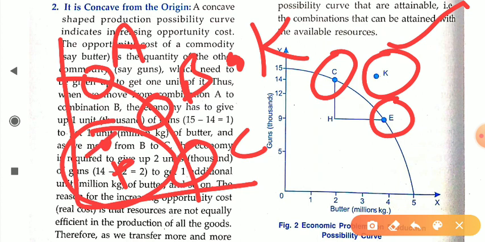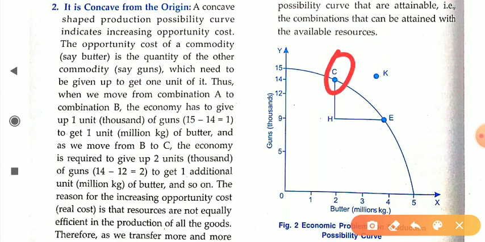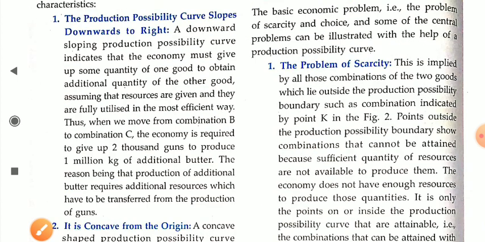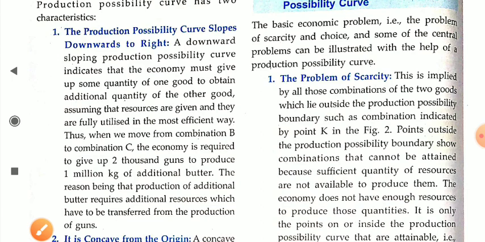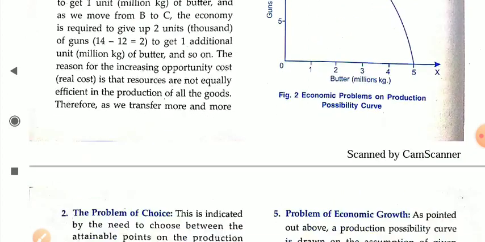That's why this is an underutilized point, and point K is far away from the PPC curve, so this is an unattainable combination. So it is clear that a point lying on the PPC is an attainable combination, and a point outside the PPC curve is unattainable. This is called the problem of scarcity because we have scarce resources. So we cannot produce at point K.